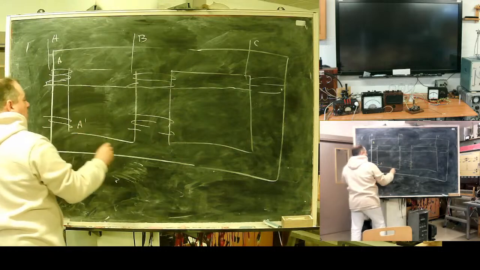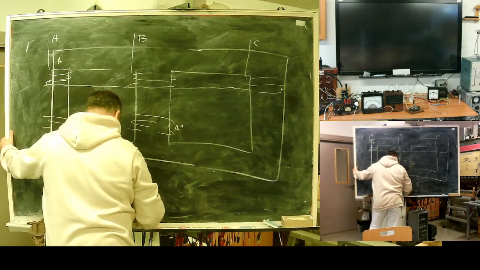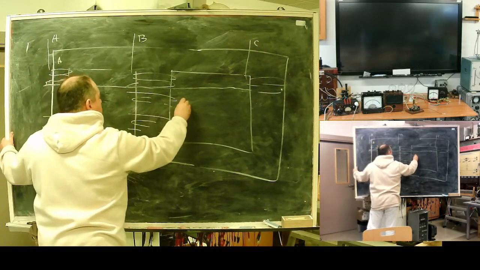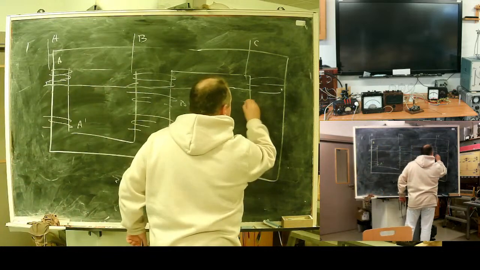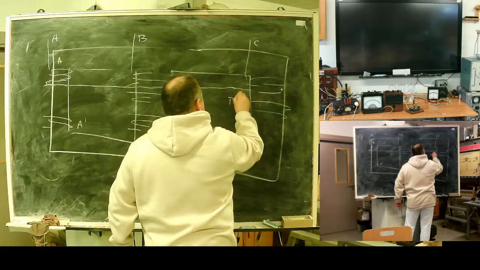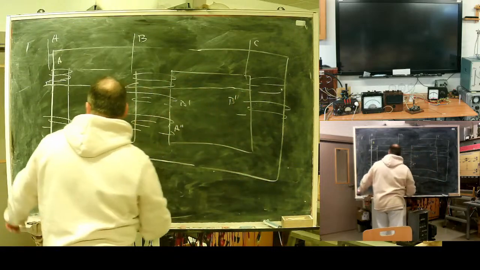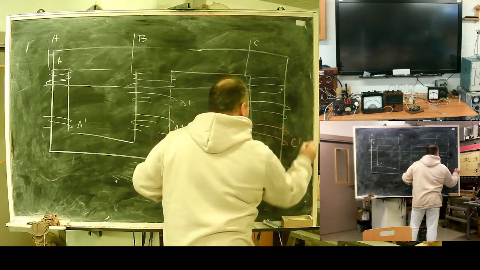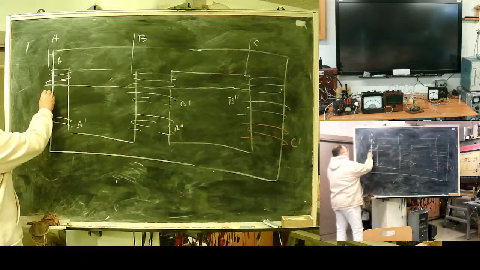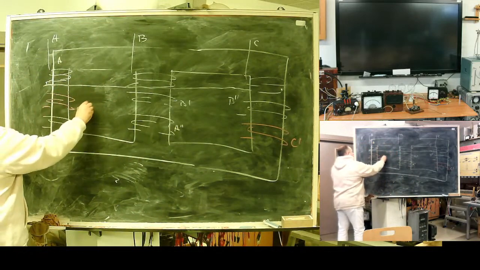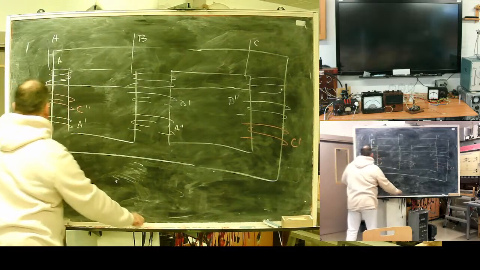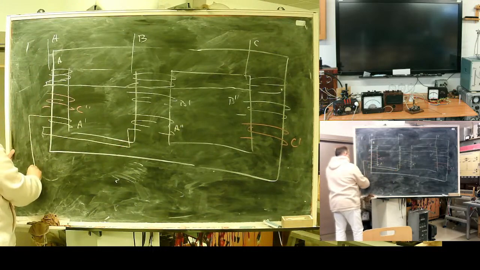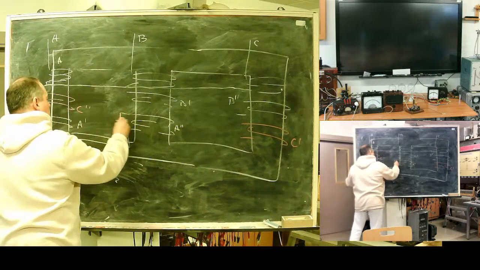So here is A1, A2, B1 and B2. And here the first half of phase C, the red phase, and here the second one. They are connected. Here A phase, here ground.